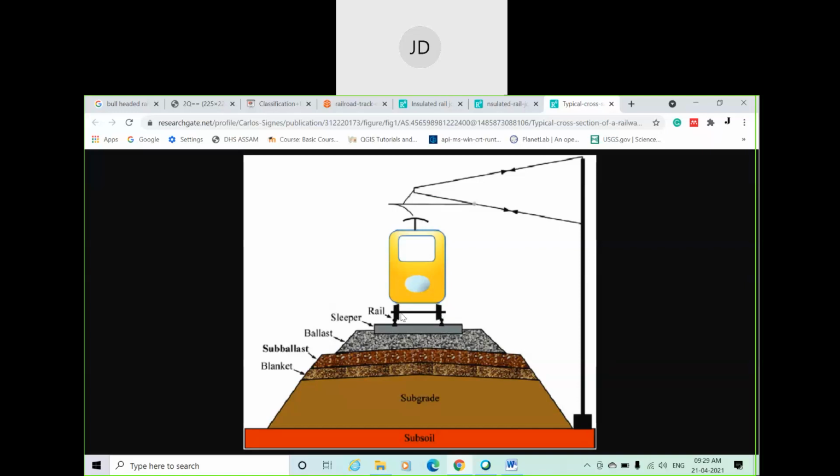With this axle, the railway wheels are connected, and with this wheel the train moves along the railway line. The rail is placed over the sleeper. You can see this is a laterally spaced component, and it is called the sleeper.